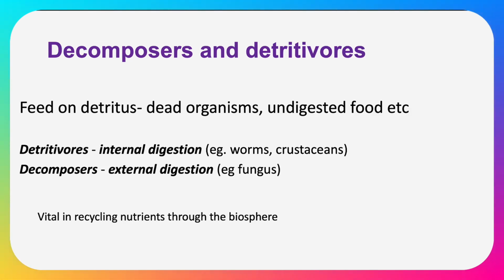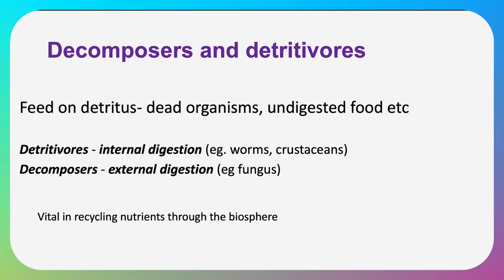So let's have a look at the difference between decomposers and detritivores. So decomposers and detritivores both feed on detritus, which is that dead organic matter, dead organisms, undigested food, feces, etc. The difference is that detritivores use internal digestion, so they eat that dead organic matter.